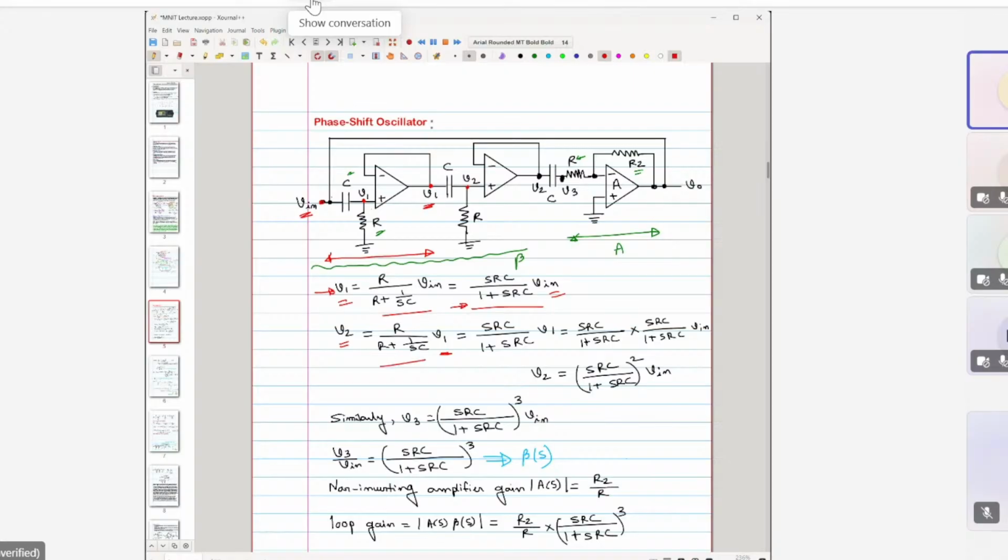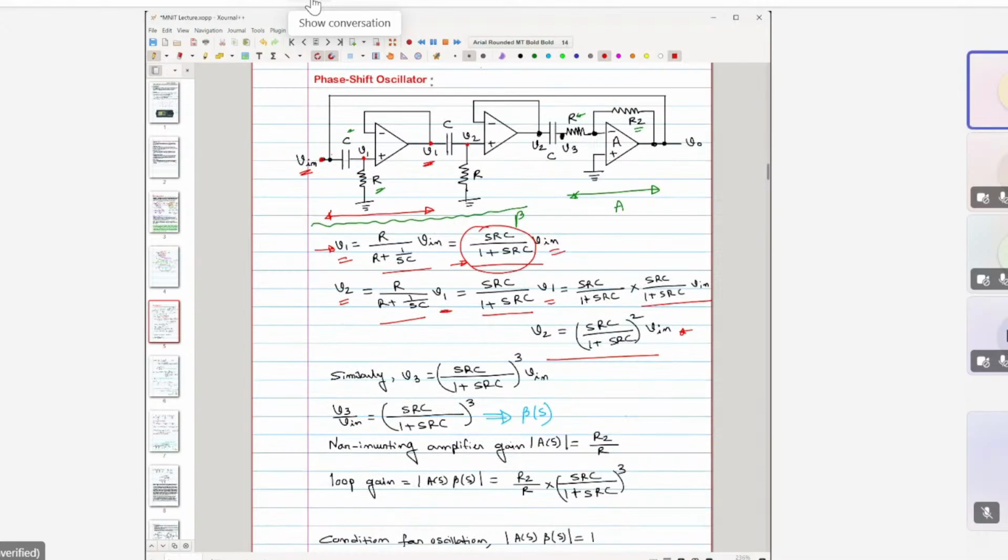So it is the same transfer function, that would give you again the same thing we have calculated here, into this V1. Now what is this V1? V1 in terms of V in we have already derived. If you substitute this part, then it comes out to be V2 is SRC by 1 plus SRC square into V in, right?